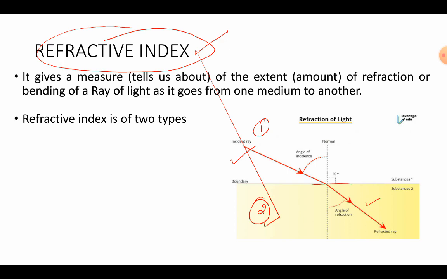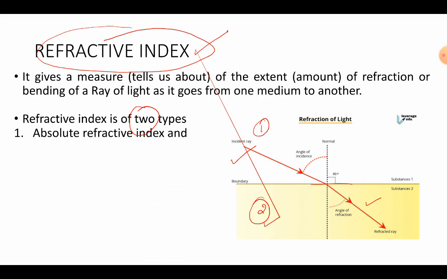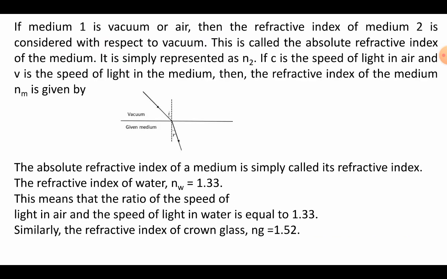Now, refractive index is of two types. The first type is called absolute refractive index, and the second type is the relative refractive index. So what is the basic difference between the two? In case of absolute refractive index, we have two mediums. This is medium 1 and this is medium 2, but out of the two mediums, one medium is always vacuum.